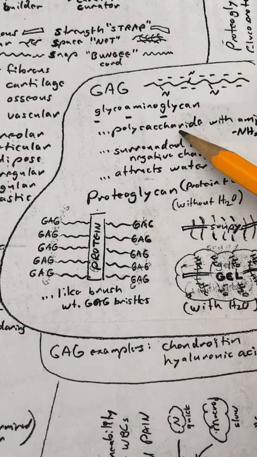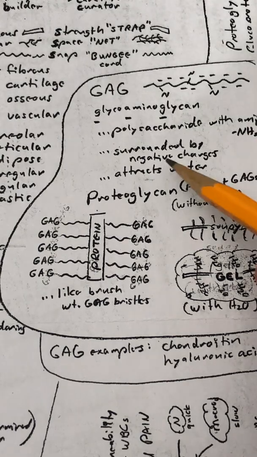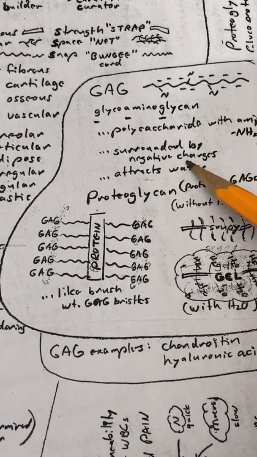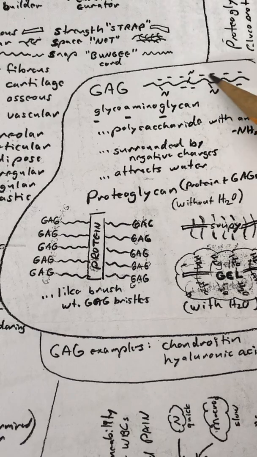So it is a polysaccharide, a long chain of sugars attached to each other. It has amino acid groups, nitrogen groups attached to it, and it's surrounded by negative charges. These negative charges, by the way, have the ability to attract water. So this stuff right here tends to stick to water, or we can say water sticks to it.